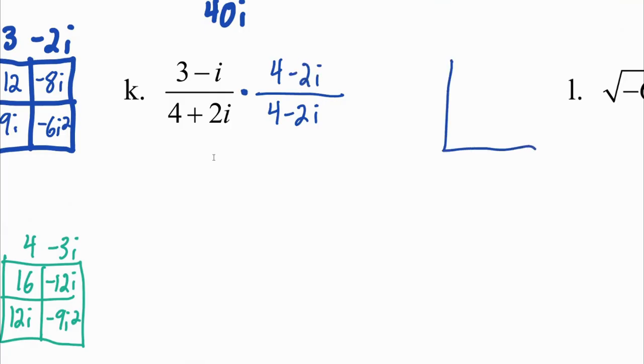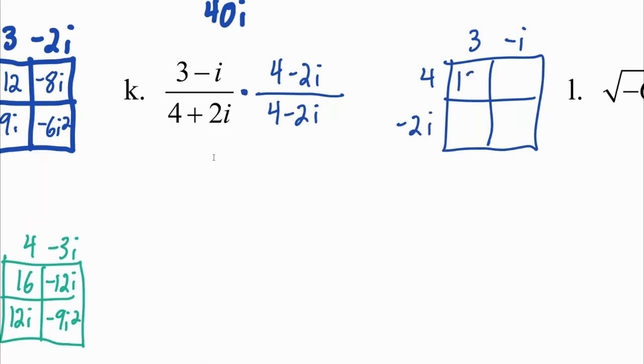So starting with that numerator, we do 3 minus i times 4 minus 2i. 4 times 3 is 12. 4 times negative i is negative 4i. 3 times negative 2i is negative 6i. And then negative 2i times negative i is a positive 2i squared.